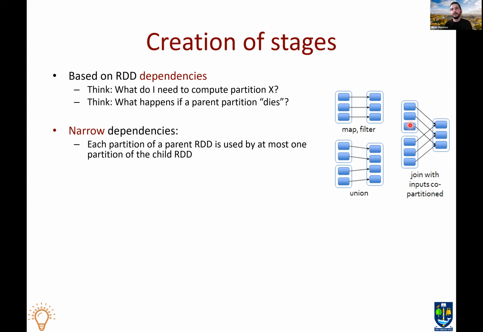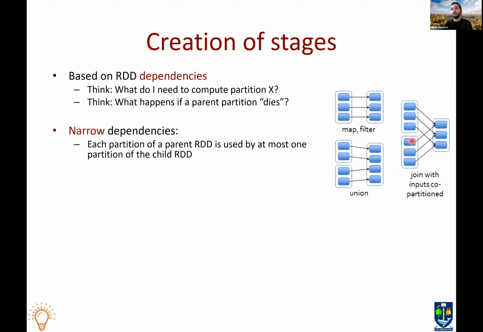A special case of this is joins, where the inputs have been co-partitioned. So let's say this is a table and this is another table, and we have partitioned these tables such that this first partition contains only keys A, B, C, and this first partition contains only keys A, B, C. And then we have DEF and DEF and GHI and GHI and so on.